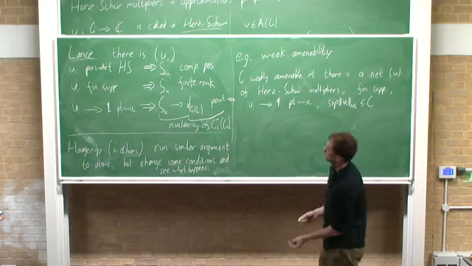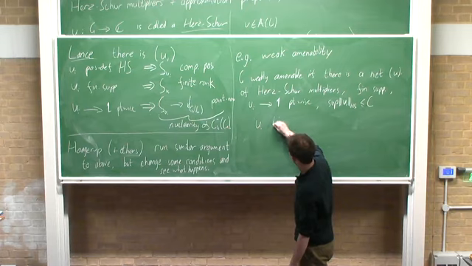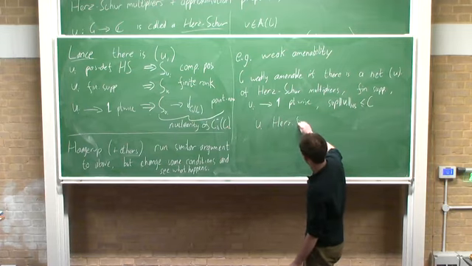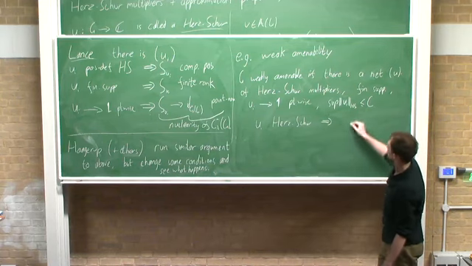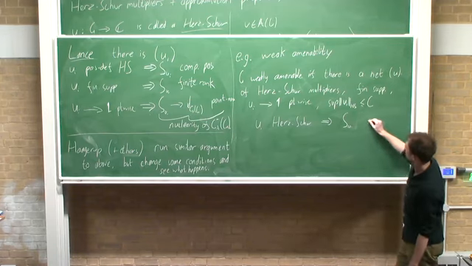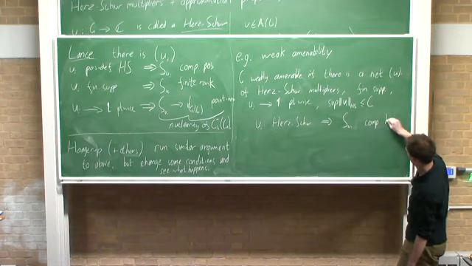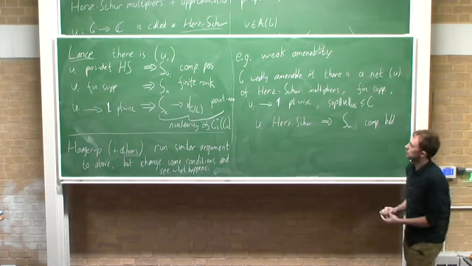And then if you run the same program, being Herz Schur implies that the associated maps are just completely bounded this time, no positivity around.